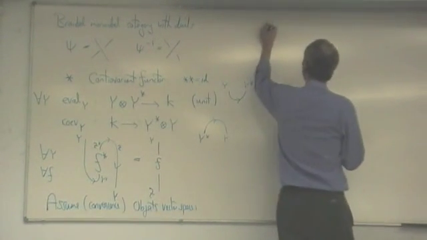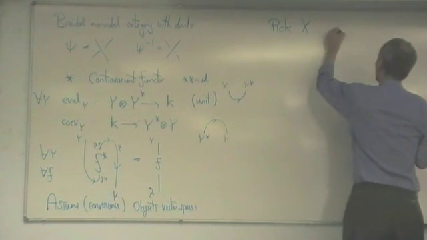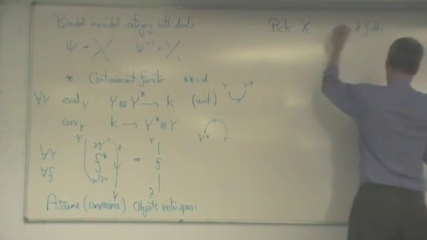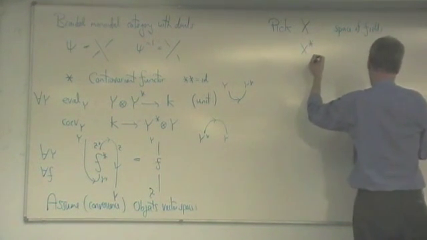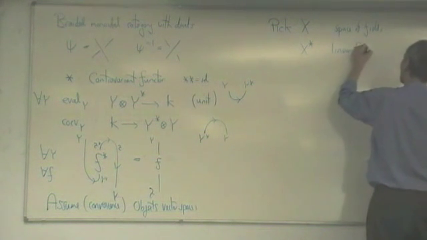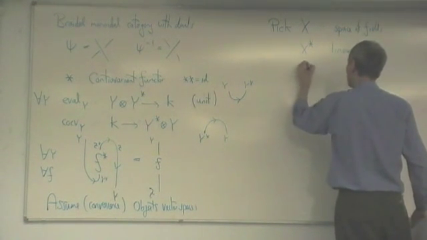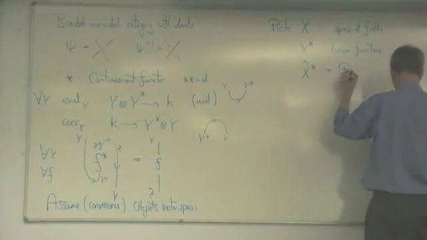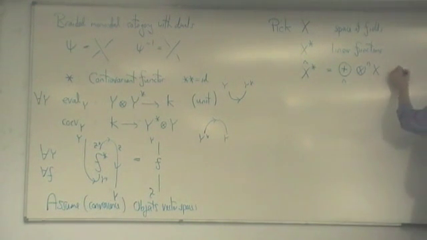So we pick X, and that's going to be your space of fields. And X star is of course the linear functions. And then by X star hat, I mean the tensor algebra on X star, if you like, the polynomial functions.